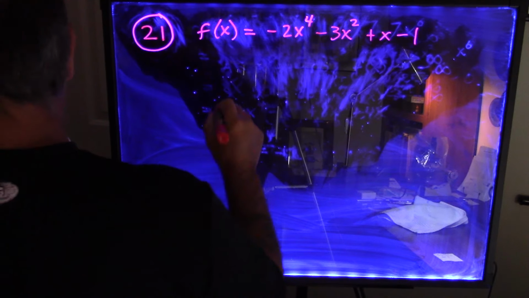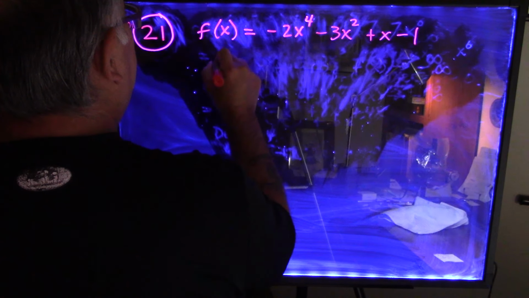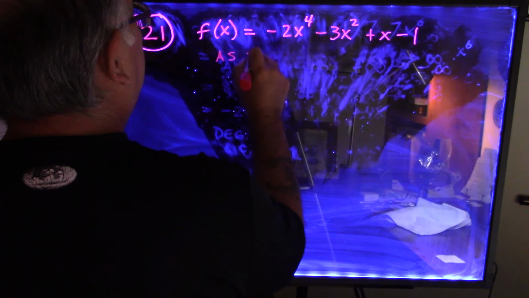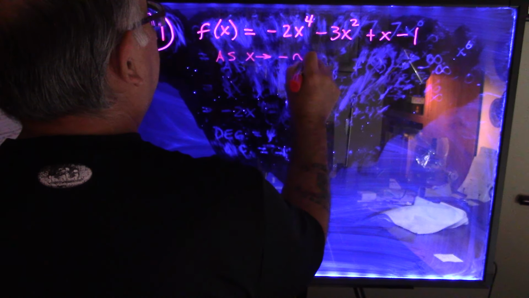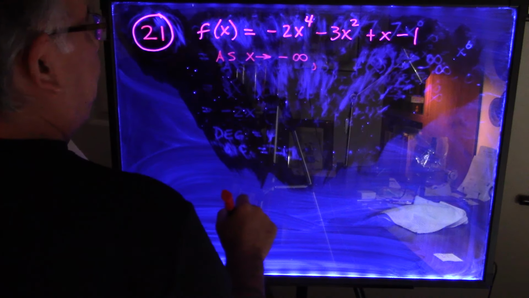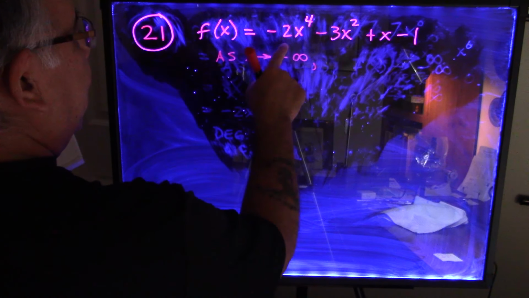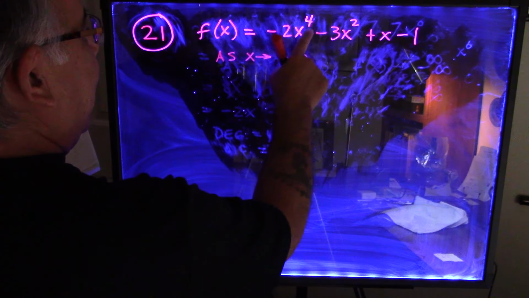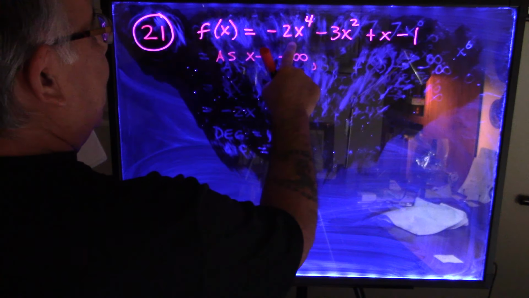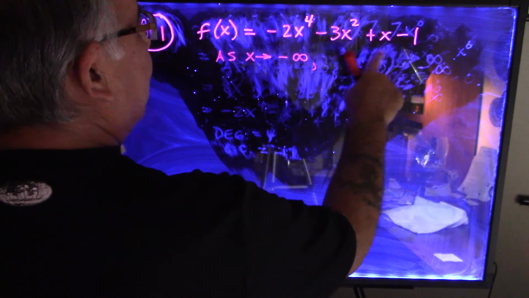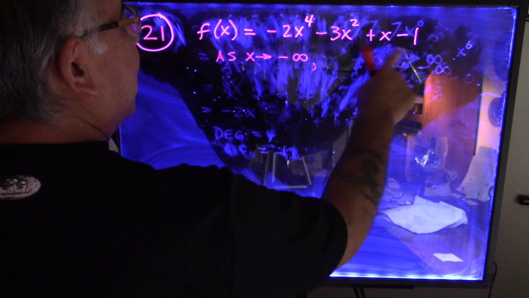All right, so as x goes to negative infinity, what's going on with f of x? Well, the key is to look at the leading term, the term with the highest power, all right? Because it will dominate the other terms, because they are of lower powers, all right?